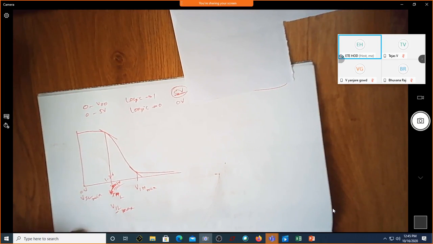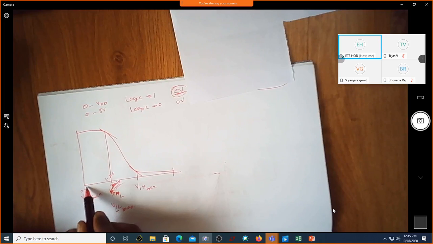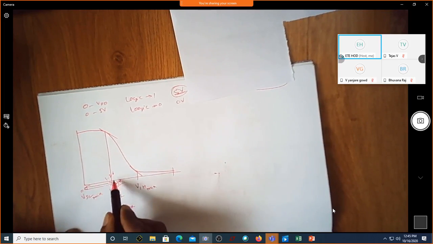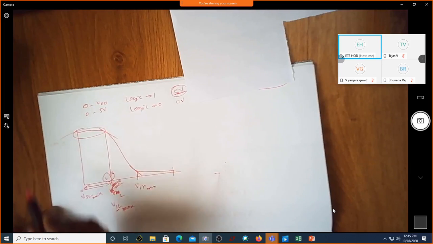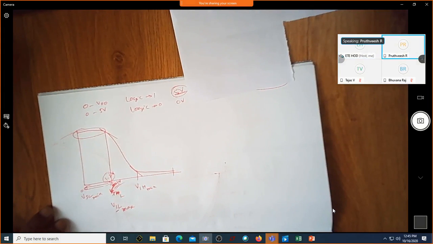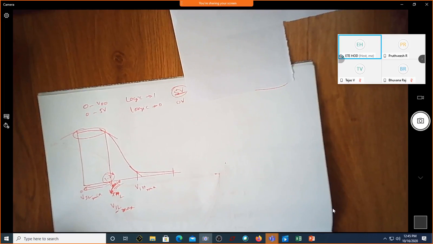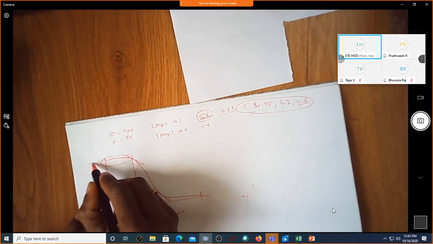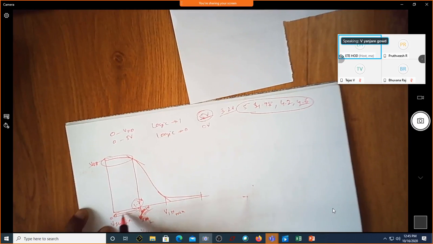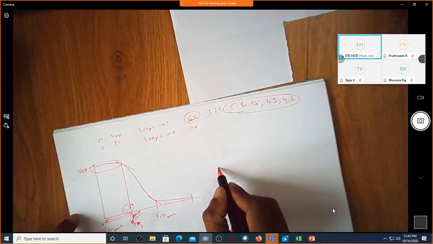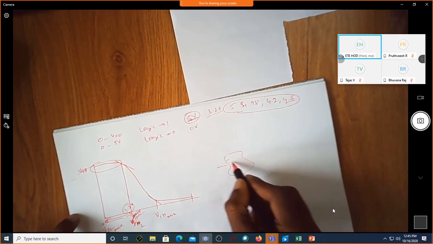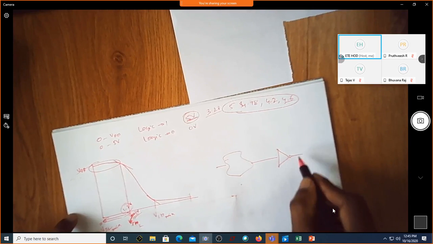Getting the point? Because if the input voltage is between 0 to 1.2 volt, what is the output voltage you are getting? Is it not high? So this is VDD. So we have a margin of noise. Assume that you have a signal in a noisy environment and you have an inverter.